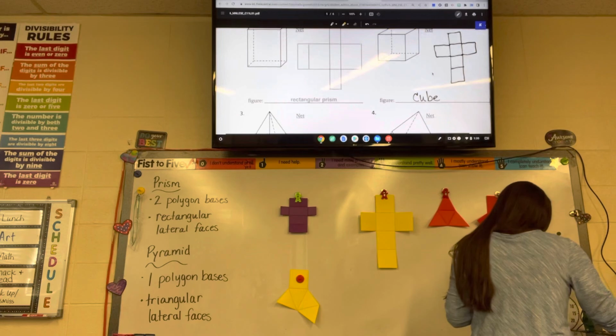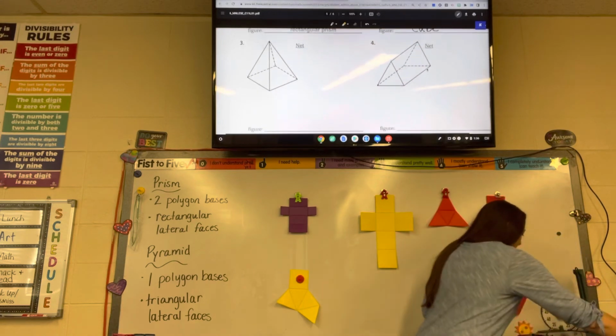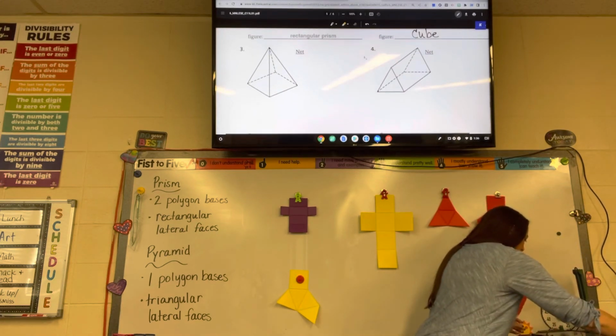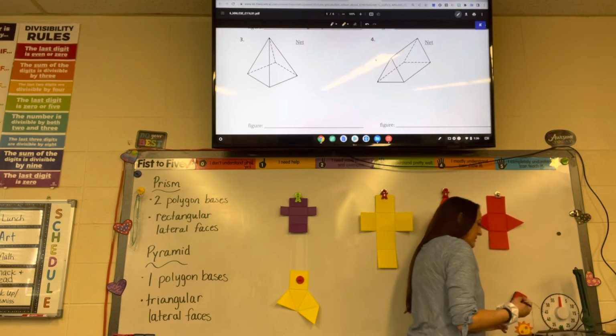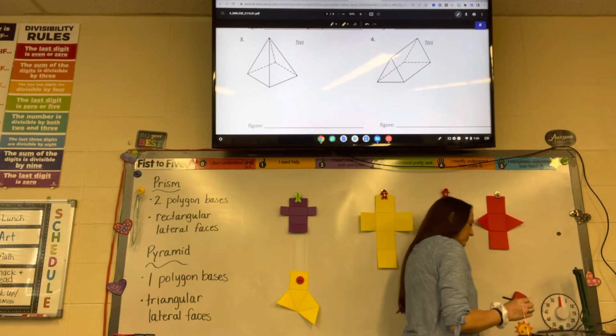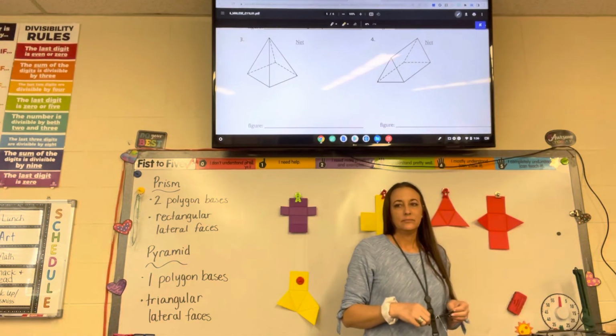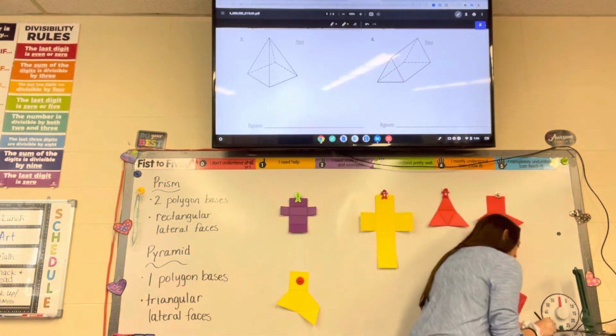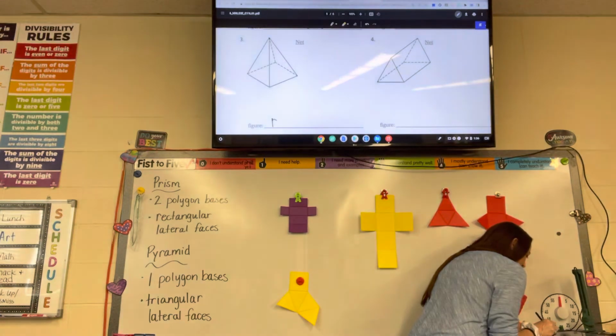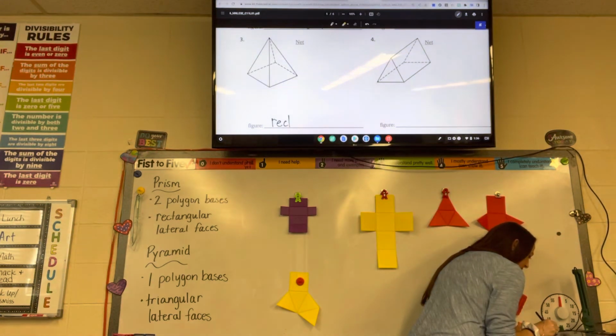All right, and then over here, they want us to draw the net for this. What is this figure? Shout it out. What's the base? Rectangular pyramid. Look at the base first. It is a rectangular pyramid.